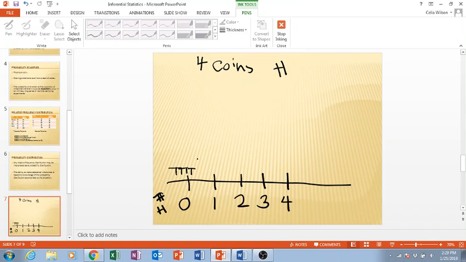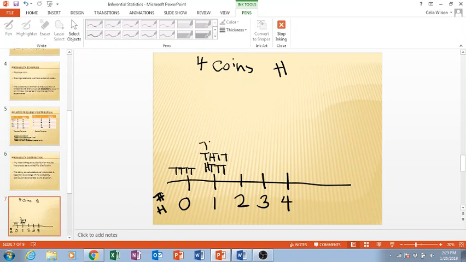What would the possibilities be for me to get 1 head? I could get a head with my first toss and then the rest tails, right? Head, tail, tail, tail. Another way I could end up with 1 head is tail, head, tail, tail.